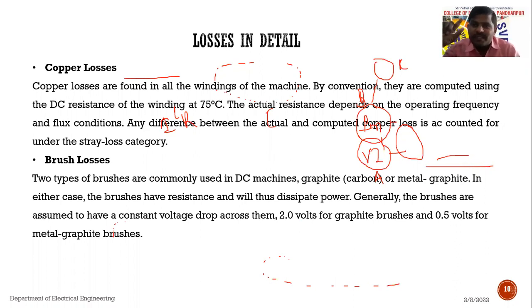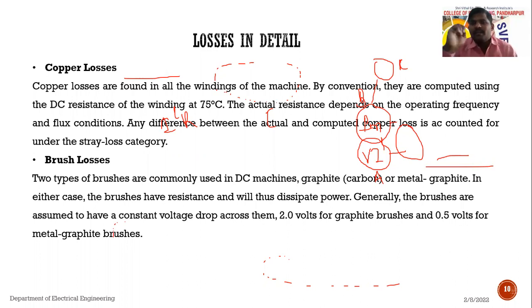So see, if the resistance of the brush increases, it will carry current, and that means power dissipation will increase, right? Due to that resistance it will dissipate some power. Generally the brushes are assumed to have a constant voltage drop across them.